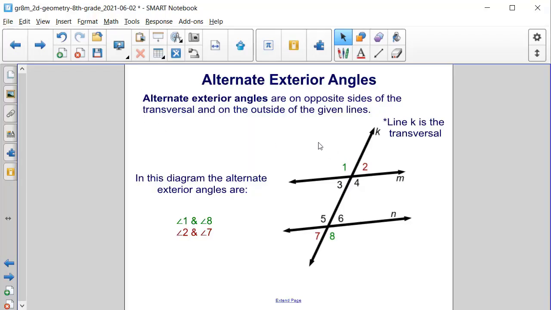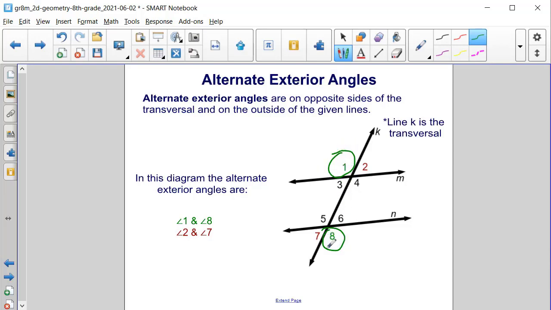Alternate exterior angles are on the opposite sides of the transversal and on the outside of the given lines. So in this diagram, there are two pairs of alternate exterior angles. We have angle 1 and angle 8, again outside of the lines and on opposite sides of the transversal.